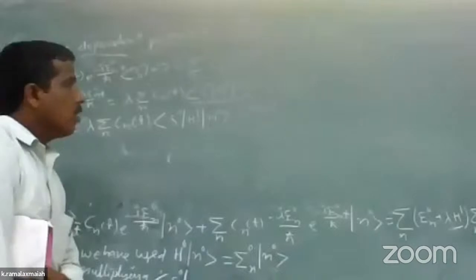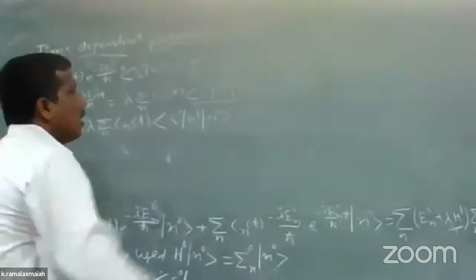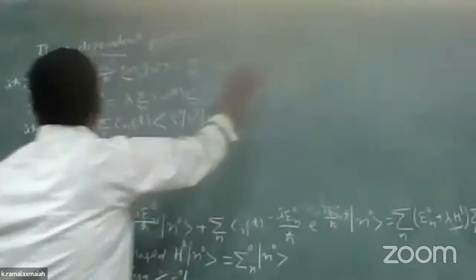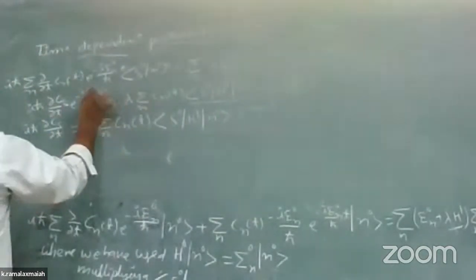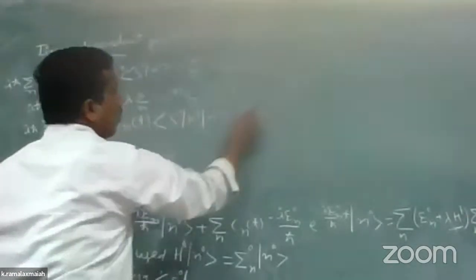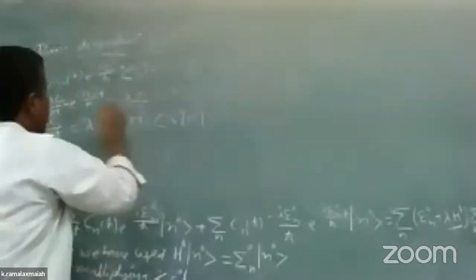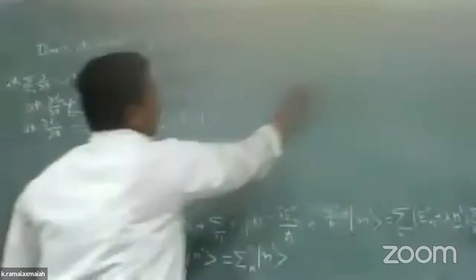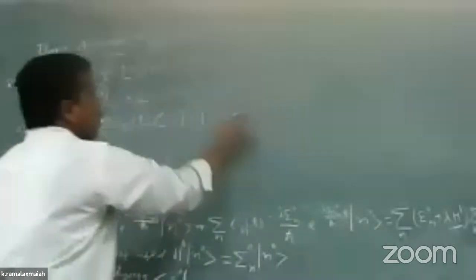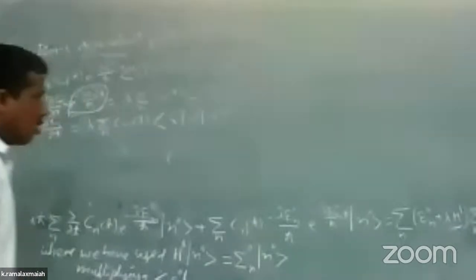Why are we writing i omega s n t? This side is the n term and this is the s term. Converting by cross multiplication, both terms combine and give e power of minus i omega s n t, which converts the equation.